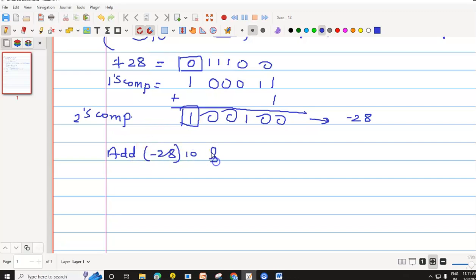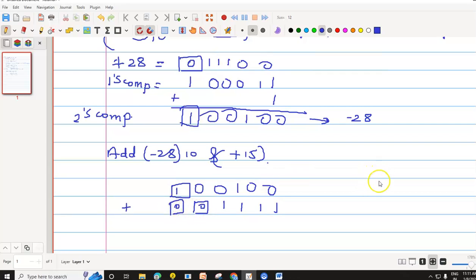Okay, now we will add minus 28 and plus 15. So just see, 0 0 1 0 0, and for 15 we know it is 1 1 1 1, plus 0 sign extension.